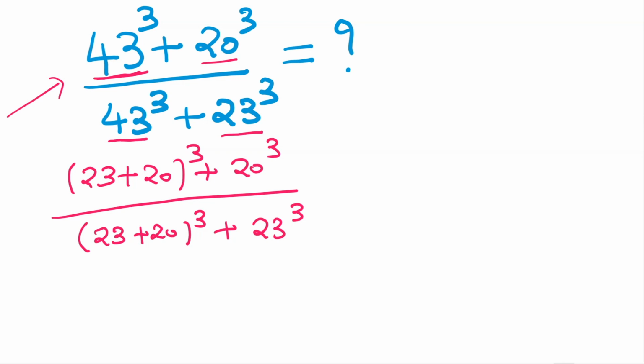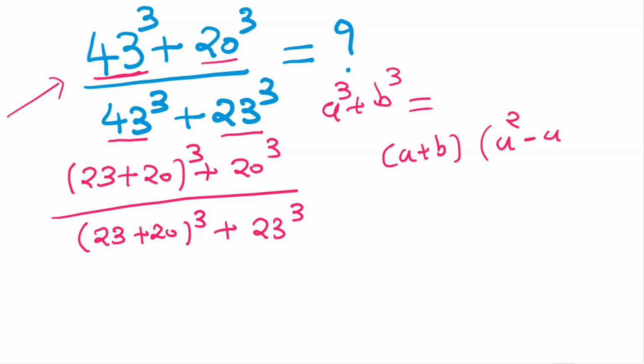Now, if we have a cube plus b cube, we can factorize that as a plus b, another bracket, a square minus ab plus b square. That is the principle we are going to utilize here as well.